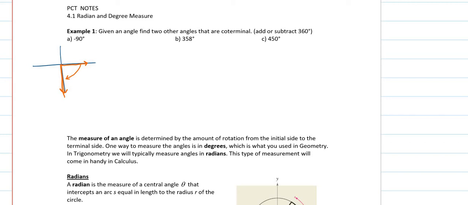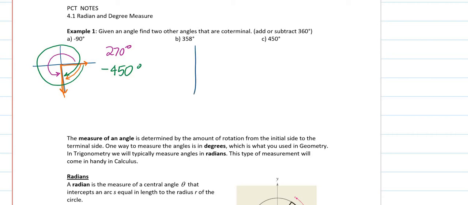Well, if we started in the positive position and went all the way around to there, that would be 270 degrees. So a 270 degree angle is coterminal. Or if we went in the negative direction, like all the way around and back, that would be 360 degrees all the way around and another 90, so we would get negative 450 degrees.